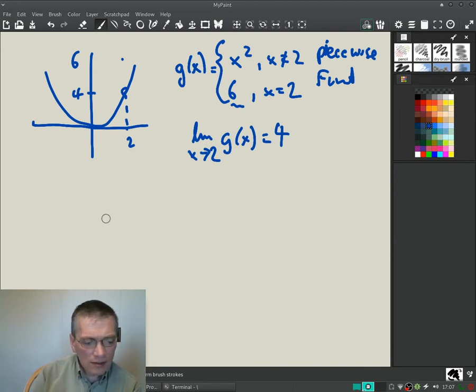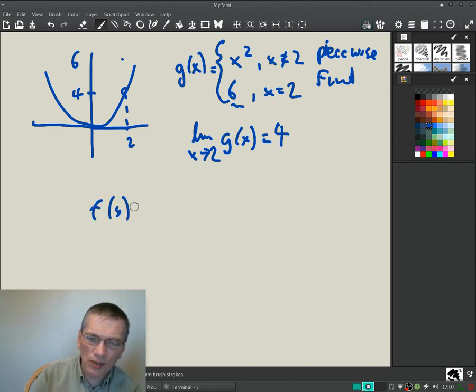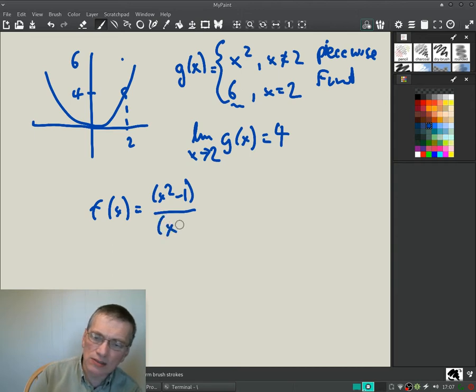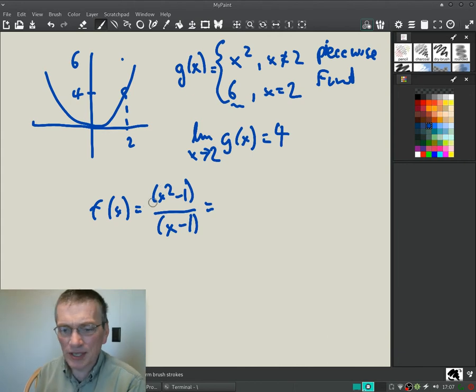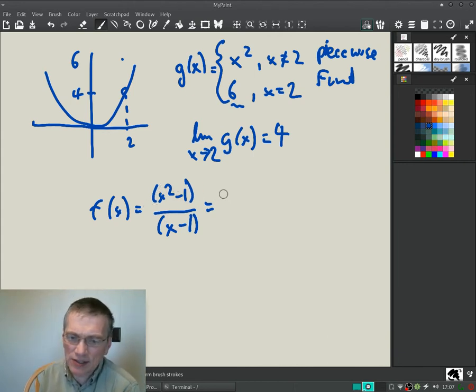I'm going to do another one. Well, I'll just talk a bit about this. You will remember equations such as this, x squared minus 1 over, say, x minus 1. Remember things like this? So here you can factor the top.